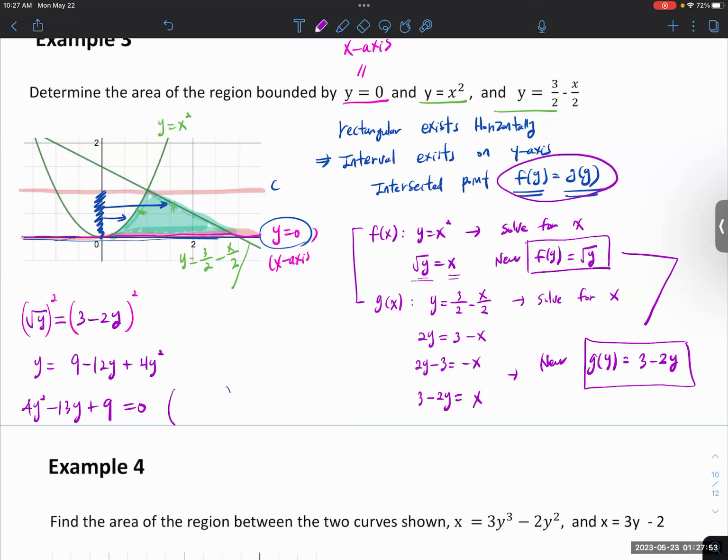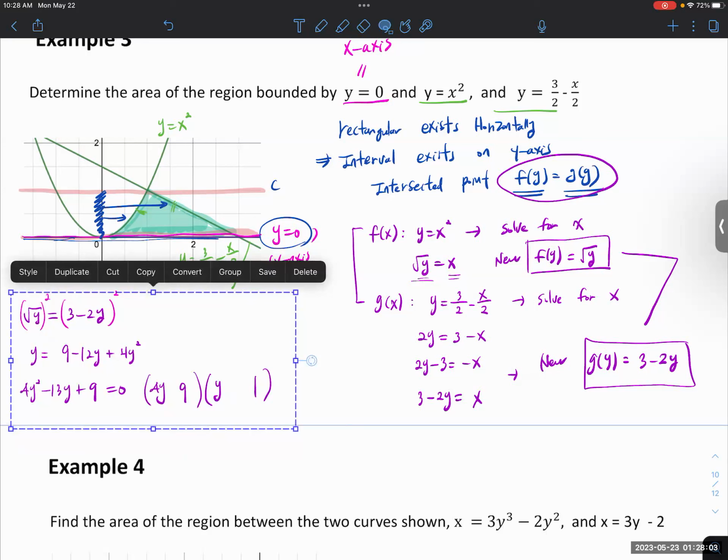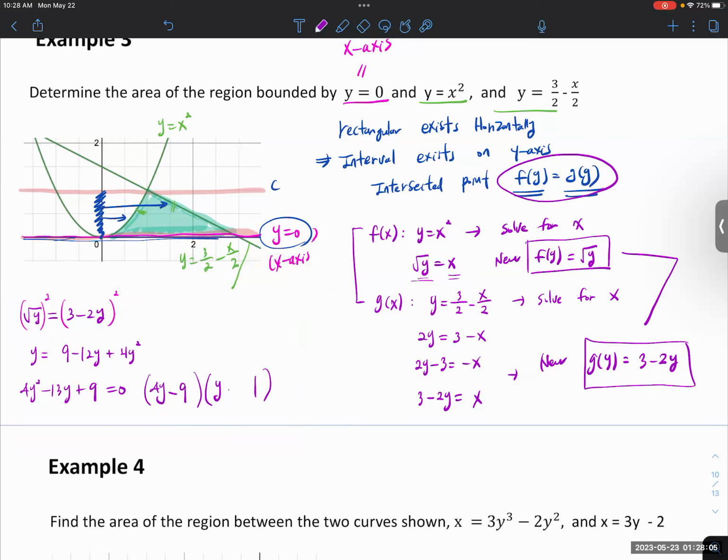Always you can find the factors, so (4y minus 9)(y minus 1) equals 0. So y equals 9 over 4, and y equals 1. These are your intersection points.